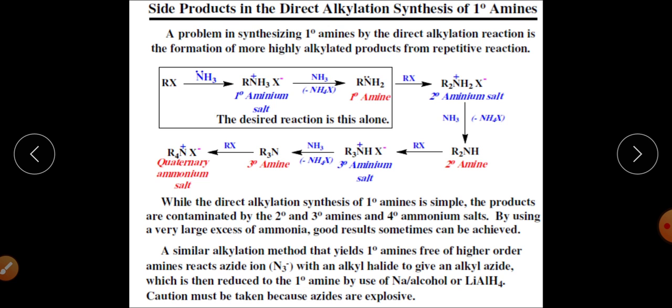Before that, what about the reactivity order of alkyl halides in direct alkylation? The order of reactivity should be RI greater than RBr, which is more reactive than RCl.